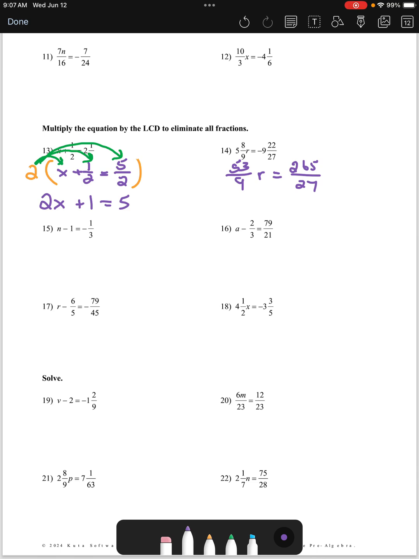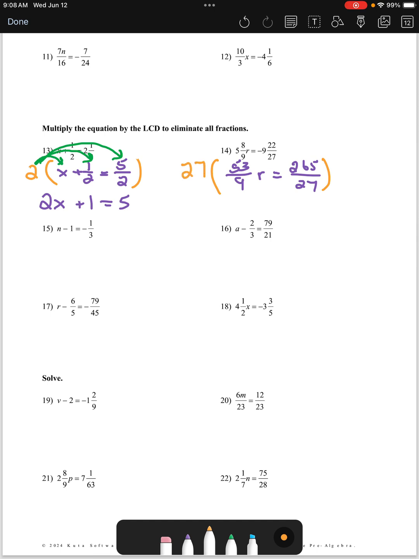So we've got two fractions. They have denominators of 9 and 27. What's the least common denominator if I'm working with 9 and 27? Well, since I can turn 9 into 27, the LCD is 27.